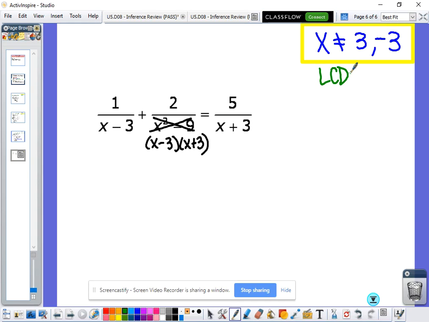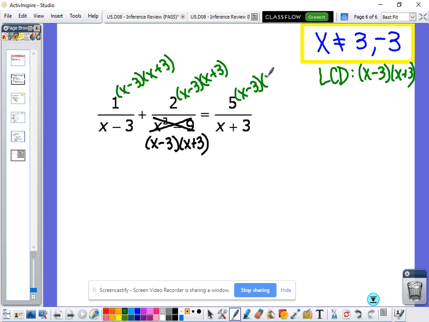Then we'll state our least common denominator, x minus 3 and x plus 3, and we're going to multiply all the numerators by those 2 factors. X minus 3 and x plus 3 I will attach to each of these constants up top. Okay, let's go ahead and start to simplify.